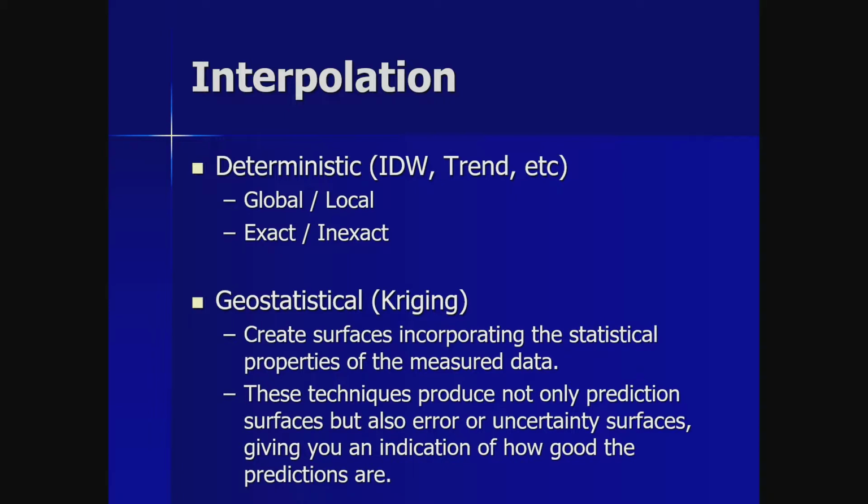So there are a couple different things. We'll go over them and look at the formulas for how they're created. We're also going to spend time today talking about geostatistical methods. Specifically, when we apply geostatistical methods to creating surfaces, we call that kriging in GIS literature and geospatial literature.